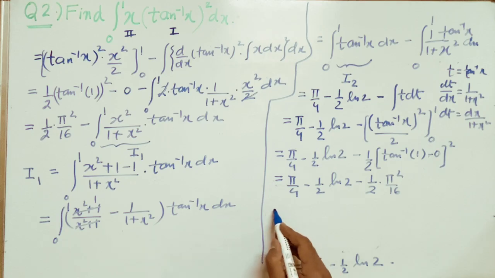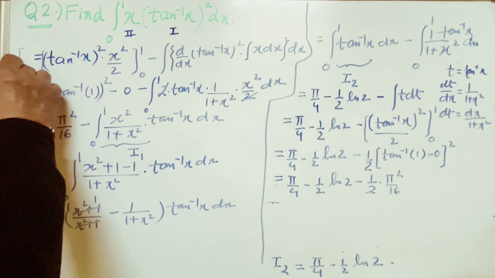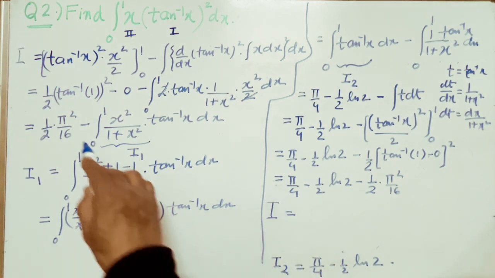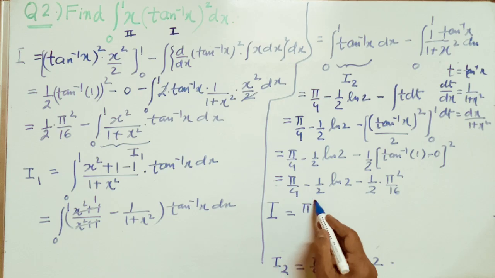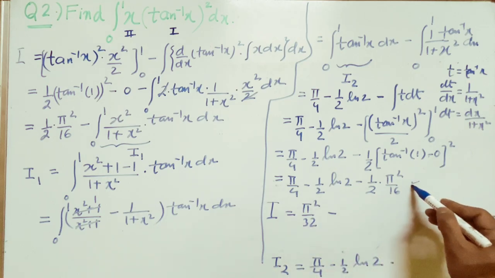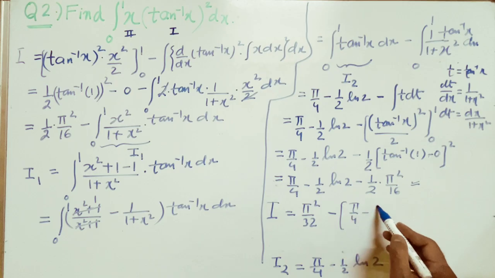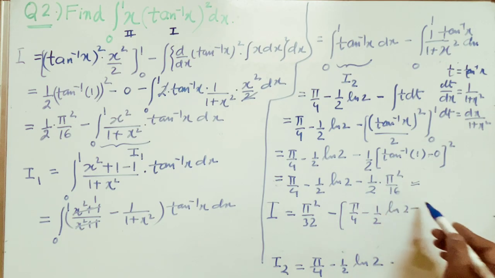So my main integral, which I am giving a name, say I. So I will be, already we have pi square upon 32, pi square upon 2 into 16 is 32, pi square over 32 minus the value of I1, which is this. This is also pi square upon 32.